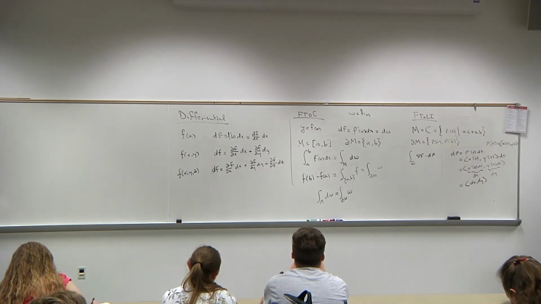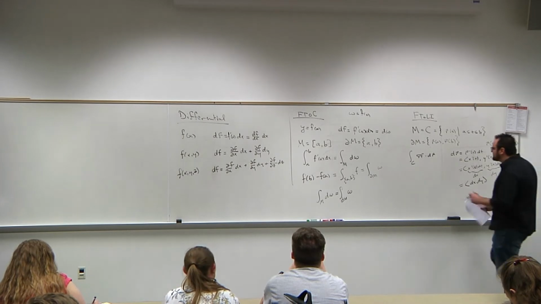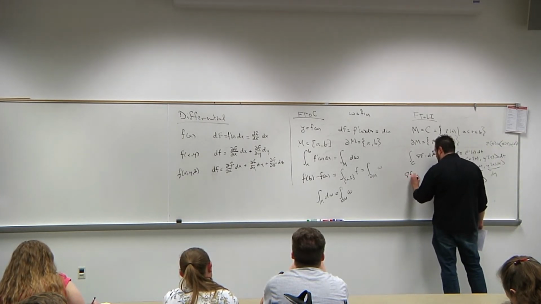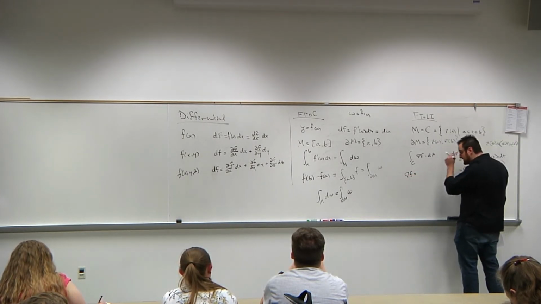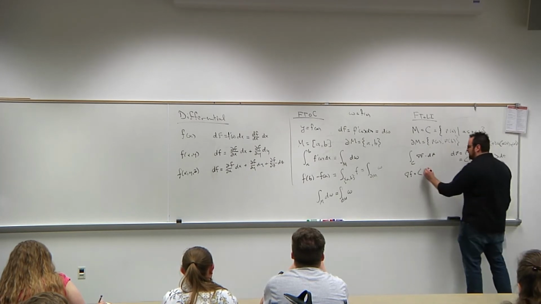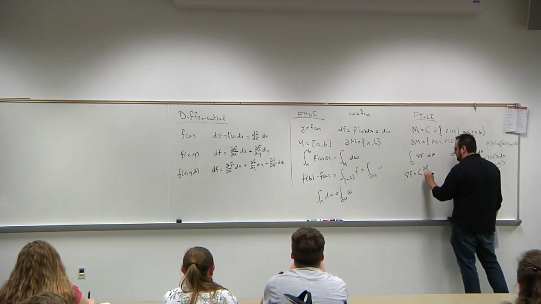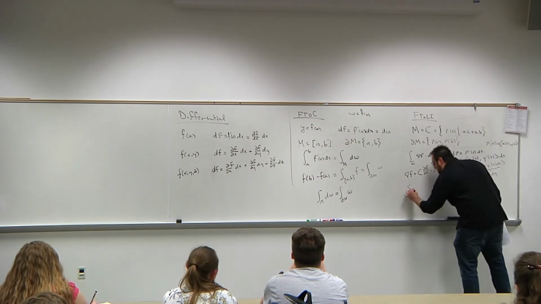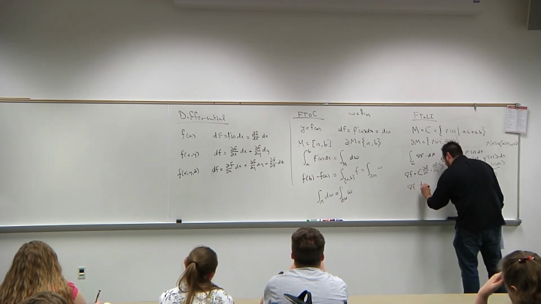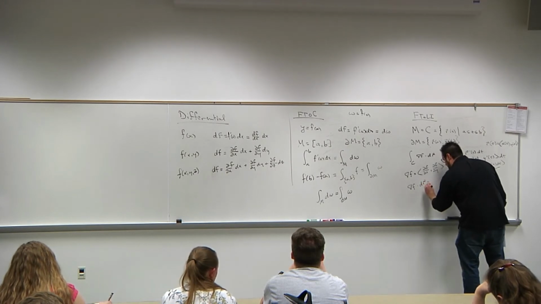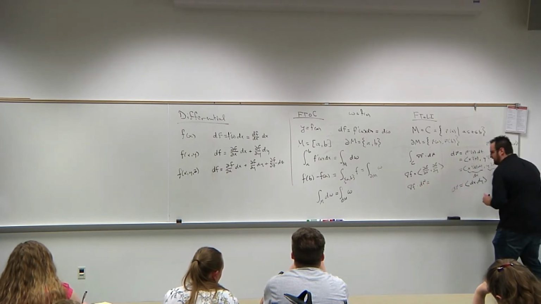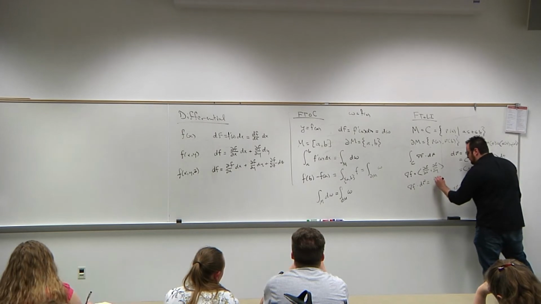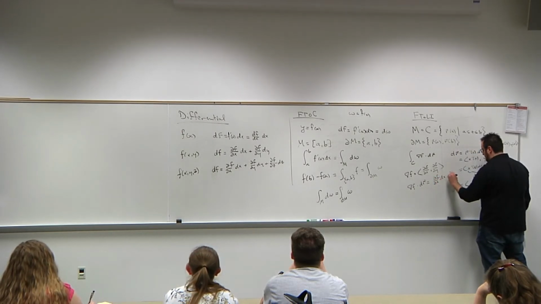You with me? Okay. What's the gradient of f in the 2D case? It's also another vector: partial f, partial x, and partial f, partial y. So what would the gradient of f dot dr be? This is dr here. It would be partial f, partial x, dx plus partial f, partial y, dy.